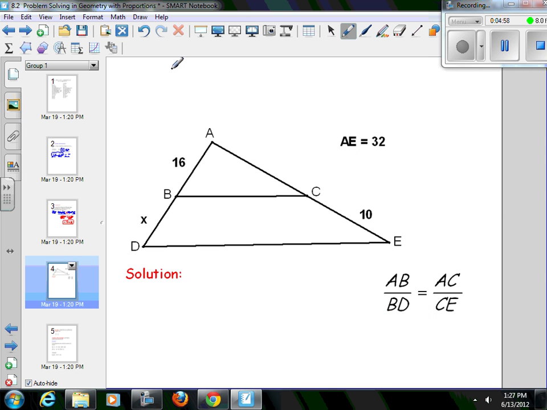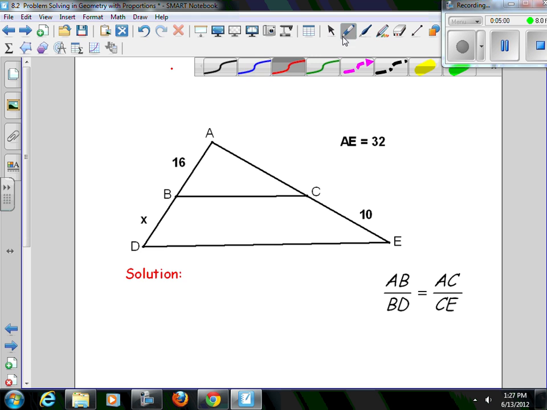We're given this figure, this triangle. And we're told the length of AB is 16. From B to D is X. That's something we're going to be trying to find. The length of AE is 32, and from C to E is 10.